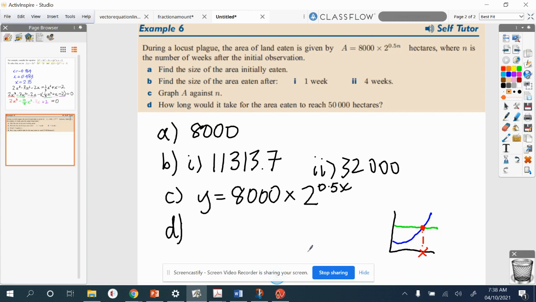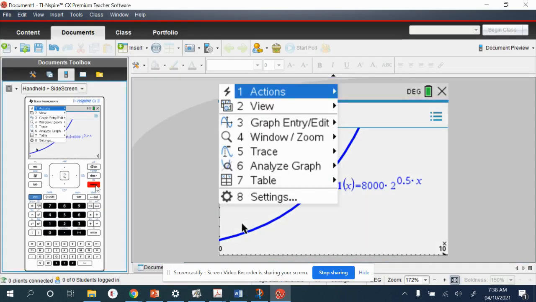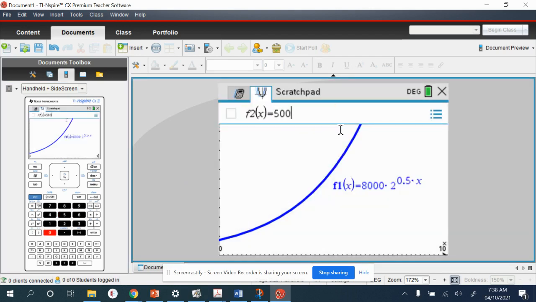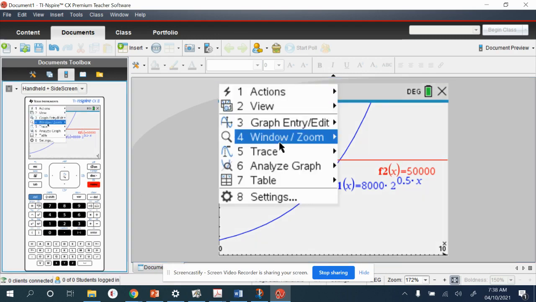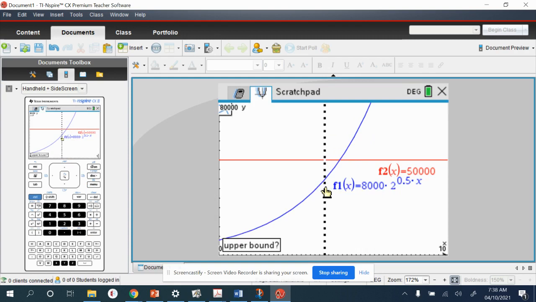So let's do that. So we're going to type in y equals 50,000, and we'll see where those lines intercept. There we go. And again, we know about this. So we're going to go to Analyze Graph, Intersection. You go one side of the intercept point, you go to the other side.